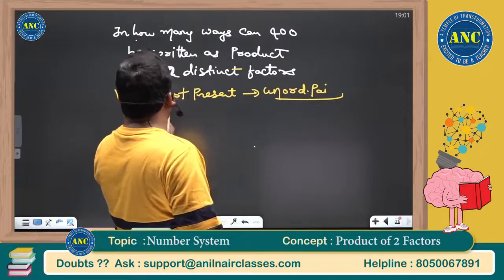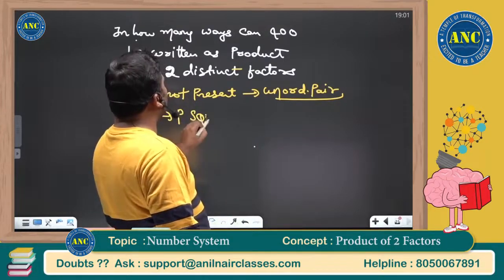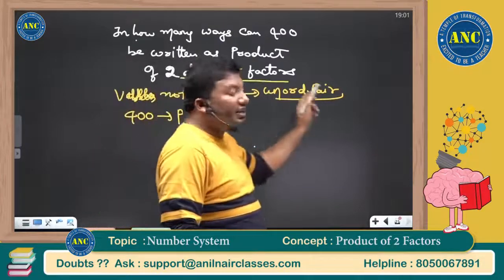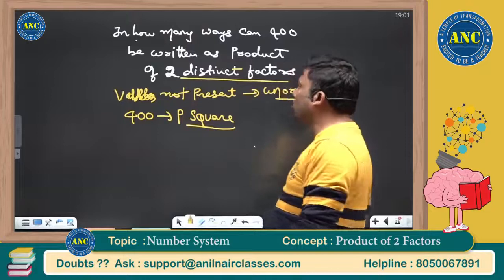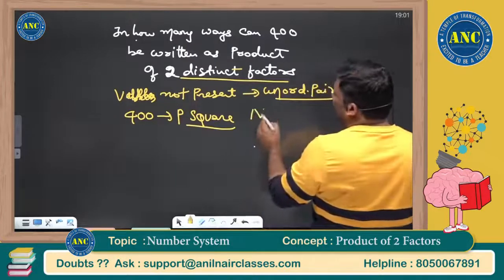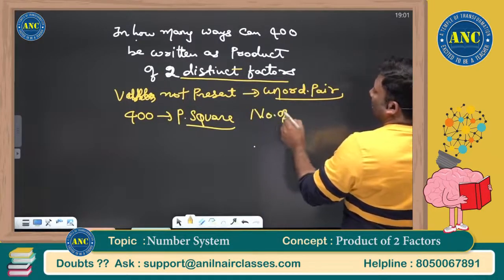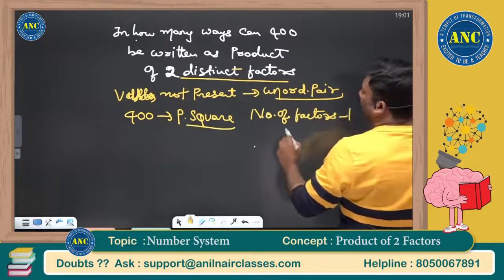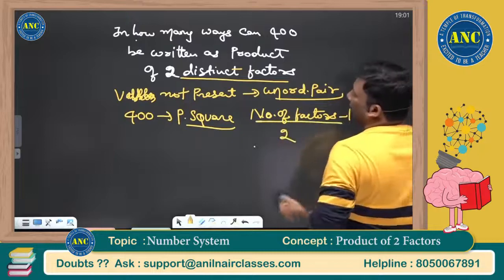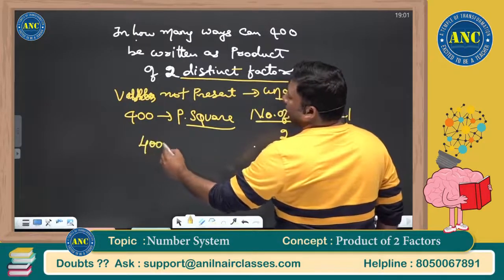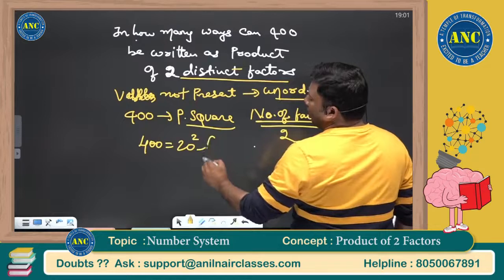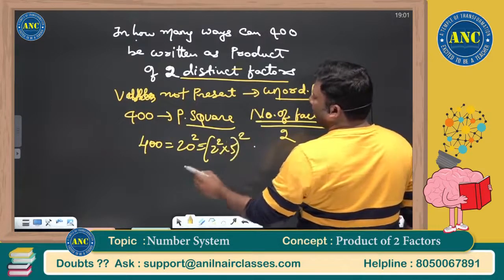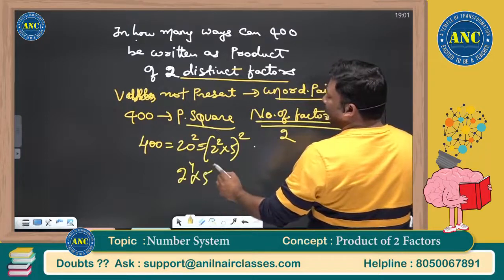400 is a perfect square. 400 is 20 square. Product of two distinct factors: the word distinct is there, so the answer would be number of factors minus 1 by 2. 400 is nothing but 20 square, and 20 square is 2 square into 5 whole square, that is 2 power 4 into 5 square.